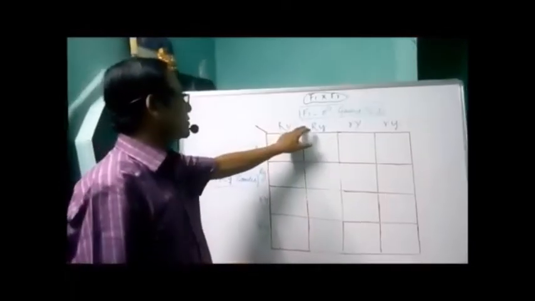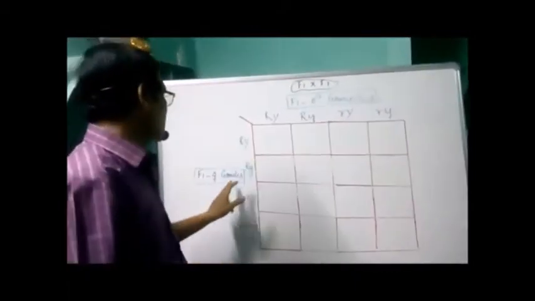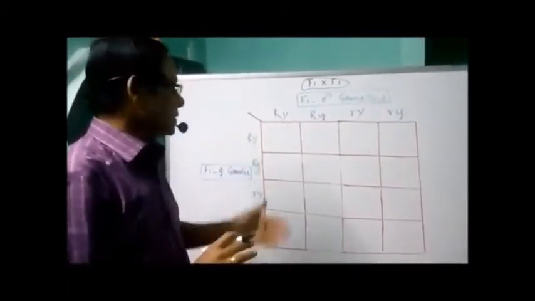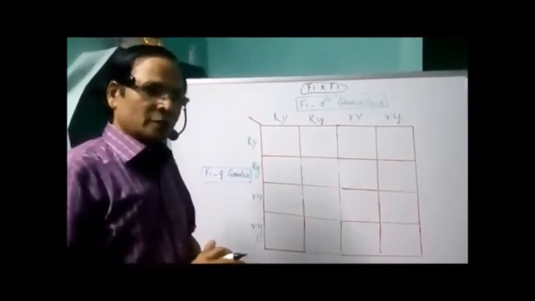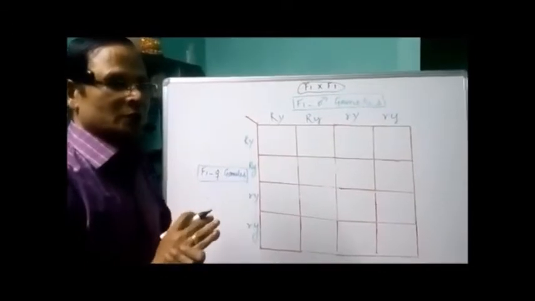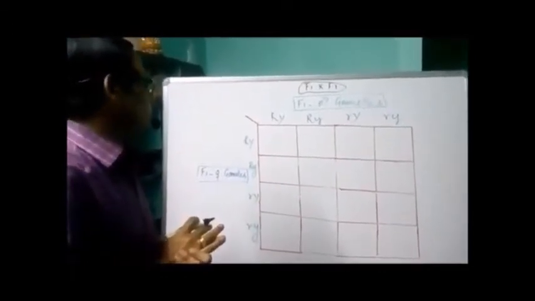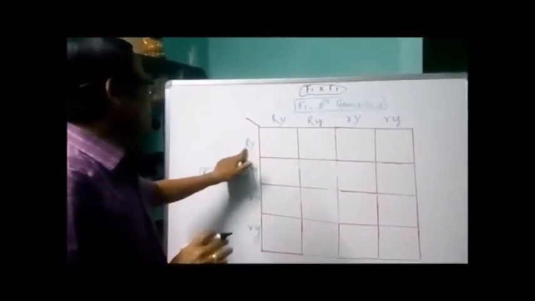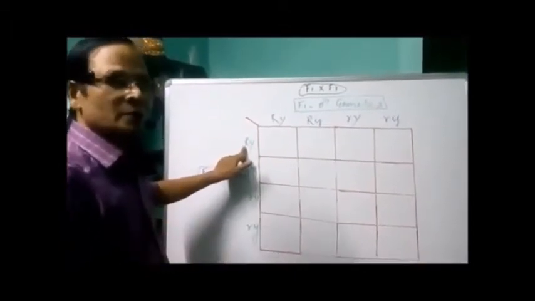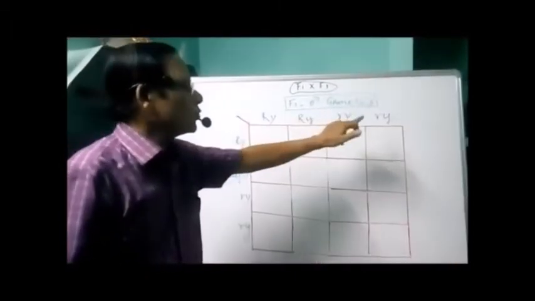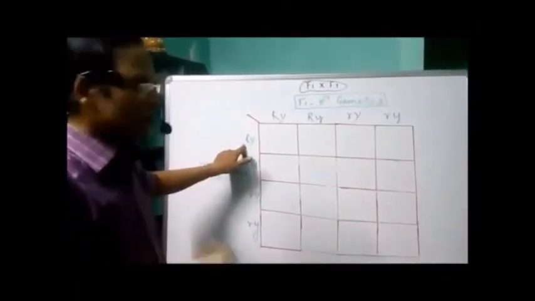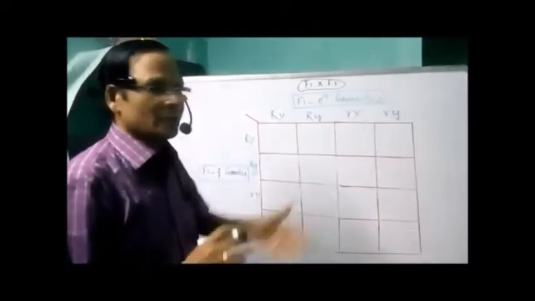So these are the gametes of the male parent, and these are the gametes of the female parent, represented in the graphical method, the Punnett square. Now it's a simple multiplication process. How to remember this one? This gamete is fertilized by any one of the four gametes. This female gamete is fertilized by any one of the four gametes.